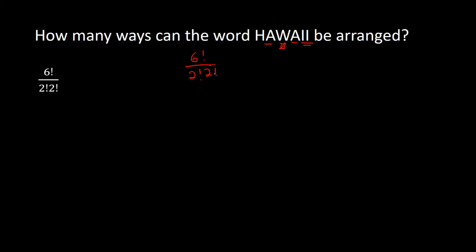So my solution would be 6 factorial divided by 2 factorial times 2 factorial. Well, 6 factorial would be 6, 5, 4, 3, 2, 1. 2 factorial is 2 times 1. We have 2 of those. So we can simplify, and we have 2 times 2, that gives me 4. And the 4 down here can cancel with the 4 up here. So I have 6 times 5 times 3 times 2, which gives me 180.